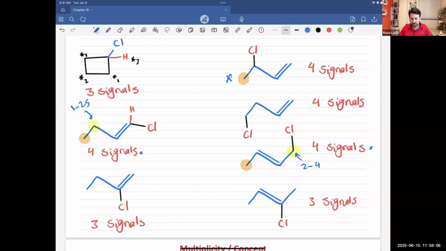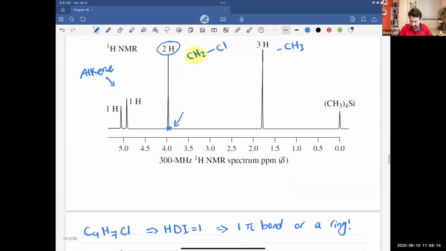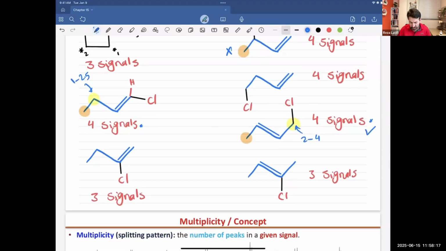Now let's check the peak for those 2 hydrogens, because it's hanging around 4 ppm. So there is a high chance my correct answer is this one and not that one. I have 1 hydrogen here and 1 hydrogen there, and because there is a double bond here, those 2 hydrogens are not going to be identical, so I'm going to see a different peak for each one.